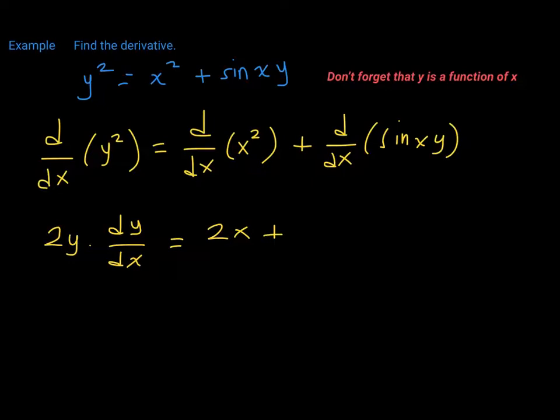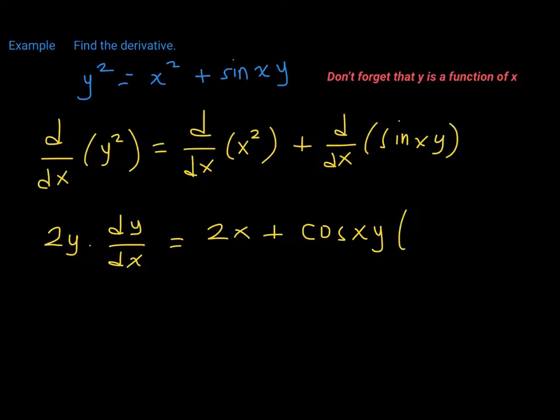Now this is the chain rule. The outer function is sine and the inner function is xy. First it's the derivative of the outer function. The derivative of sine is cosine, but evaluated at your inner function, times the derivative of your inner function. So let me open up a set of parentheses here.